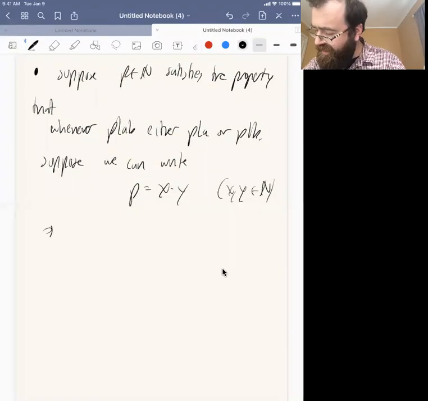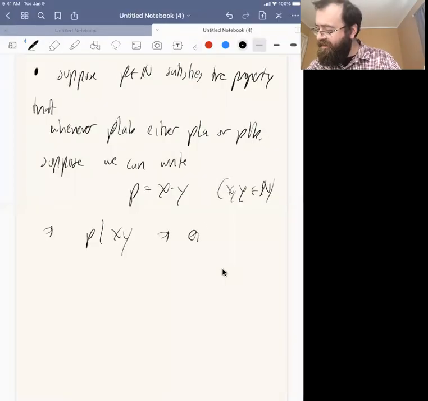So this implies that either P divides X or P divides Y.